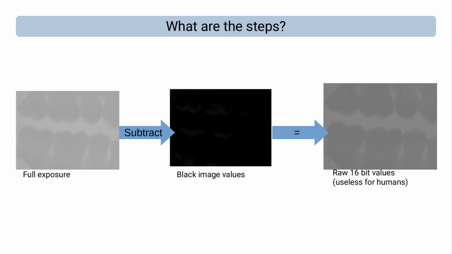And then that gives you the raw image, which is still more or less useless for humans to see. Why is that? It's because most CMOS sensors actually use 16 bits for each well that it detects radiation. And most monitors, as we talked about earlier, are only 8 bits per channel. So then we see just a bunch of grays. We can't really make out what it is showing.